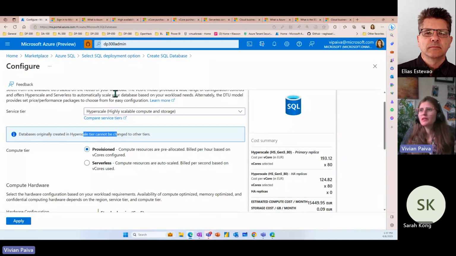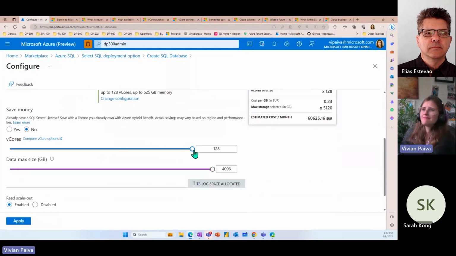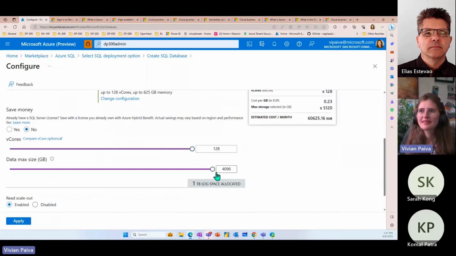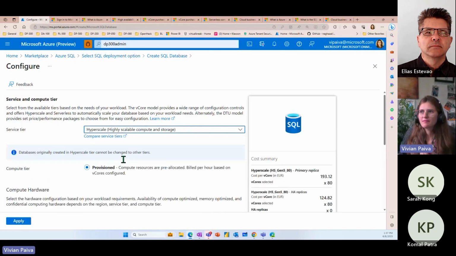So we saw when we wanted to provision a database in business critical, even getting the max amount of vCores, we can have a database whose max size is only 4 terabytes. So if we want high performance with large databases, hyperscale would be our option.